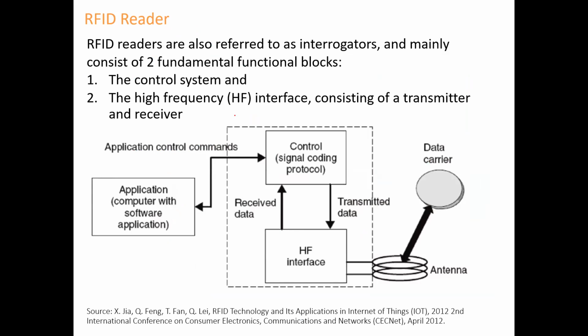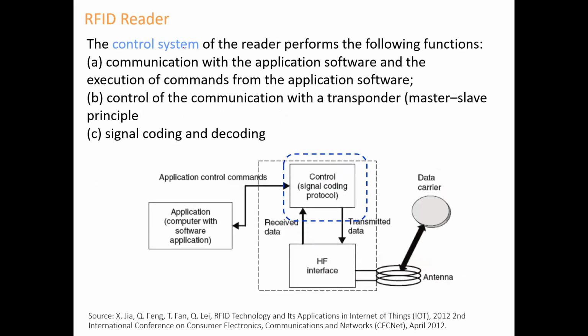For the reader, as I mentioned, there are two fundamental blocks. One is the control system, and another one is the high frequency interface. For the control system, the reader performs the following functions. It is used to communicate with the application. So after you have the ID, you send the ID to the application, and then you implement further use of that ID.